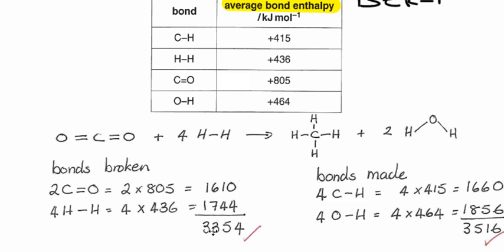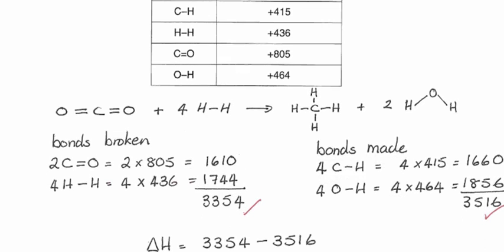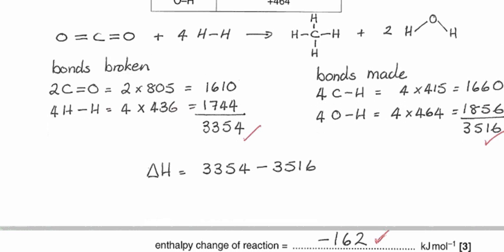Total those up. On the other side, you've got 4 CH bonds, so times by the value in the table, and you've got 2 OH bonds in each water, so 4 OH bonds in total, and you add those up as well. Then you take BERP, reactants minus products, and you should come to an answer of minus 162.